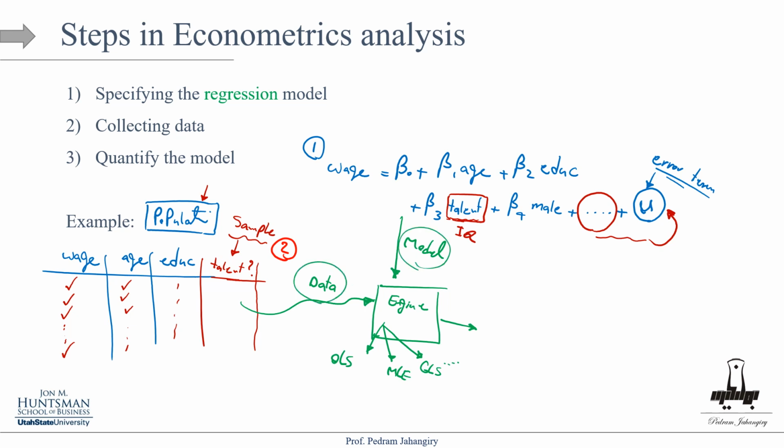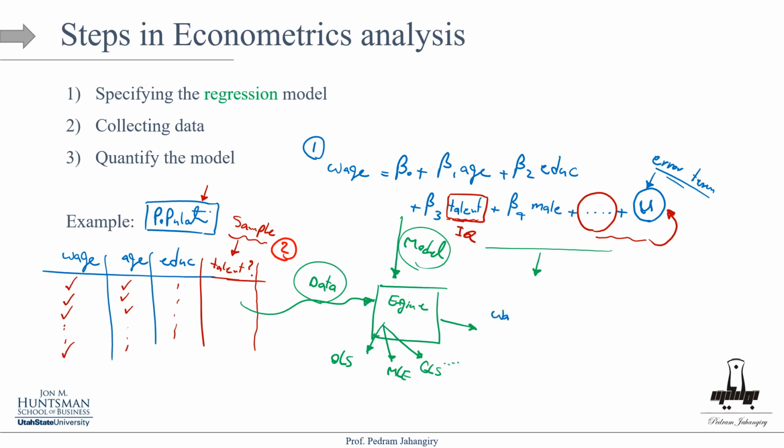What are the outputs? The outputs are the estimated version of this model, right? Remember, this model is what ideally you can have in the population, but we don't have access to the data in the entire population. We use a sample. Because we're using a sample, those numbers are estimated numbers. So we're going to rewrite this regression model after estimation, something like this.